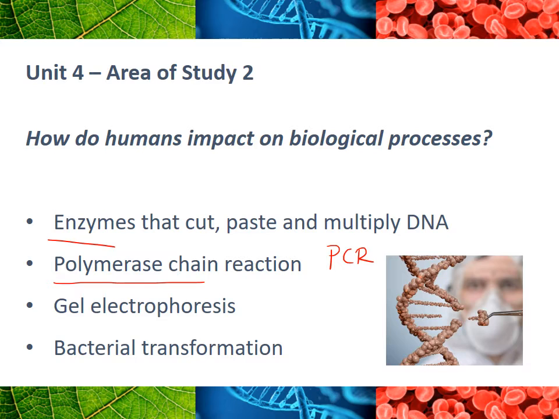And we looked at gel electrophoresis, which was using those gel baths to separate pieces of DNA based on their size. Today we're going to go through this process, which kind of sums up or uses a lot of the things we've already looked at together.